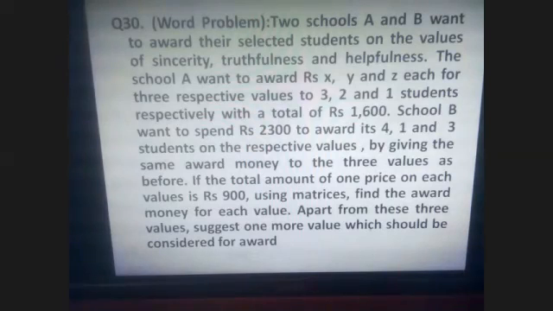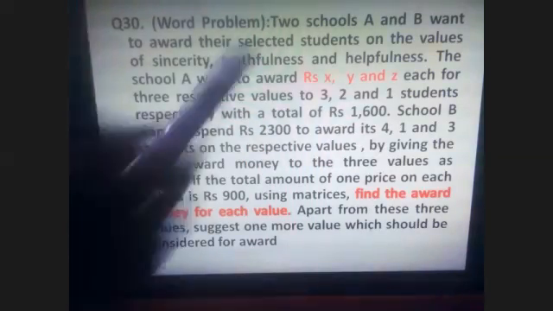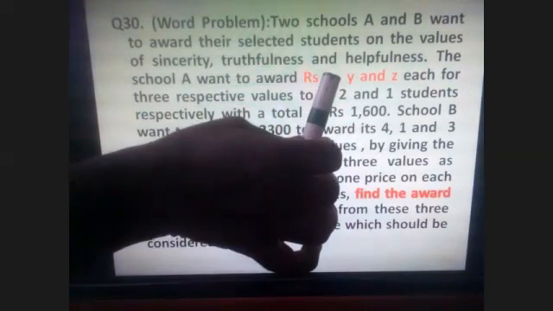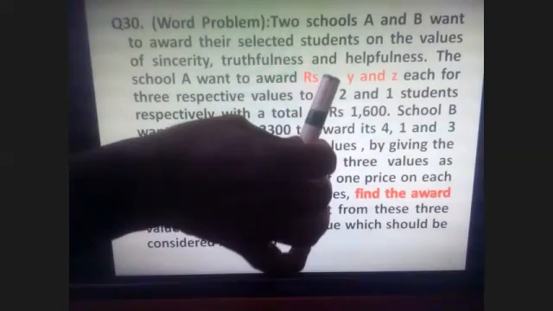Okay, let us see how we go for the solution. We have to find the award money for each value. That is our variable, award money for each value. And that is already given.